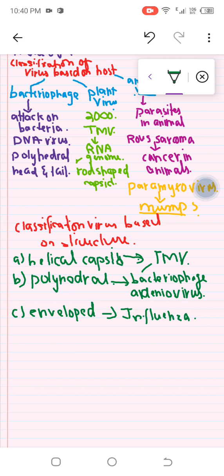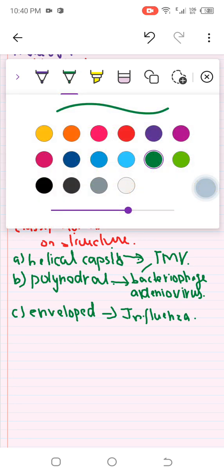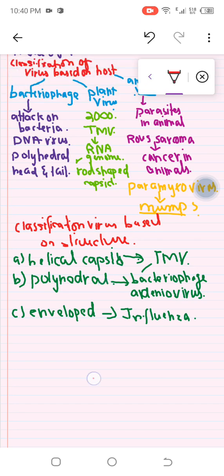Now let's see the classification of virus based on genome.